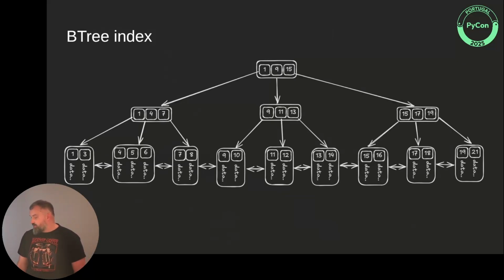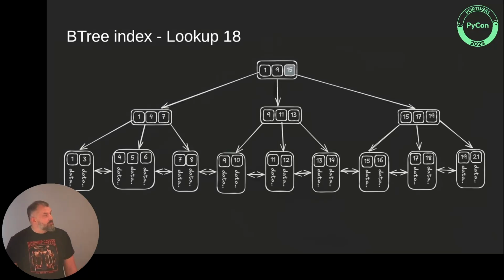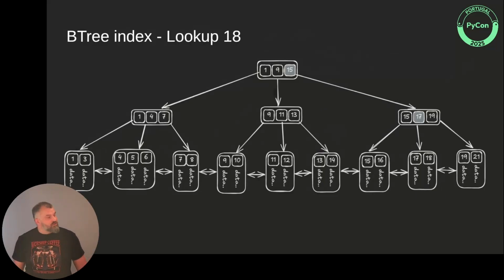How does the lookup work? Let's say you want to look up the key with value 18. It will find the largest element that is less than the element you are looking for. Here it finds the element 15. Then it jumps to the branch and does the scan on that level as well.